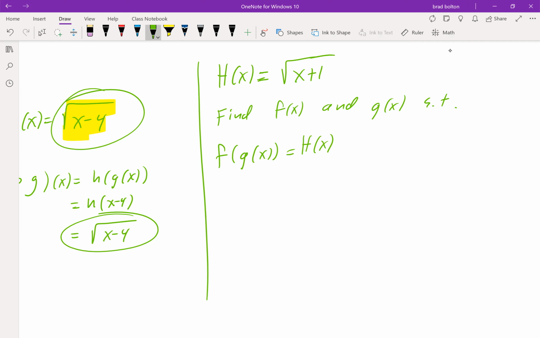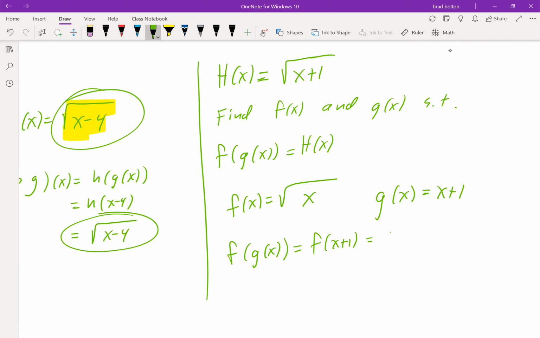So what could f of x and g of x be? Well, f of x is the outer function, so I'm going to say it has to be the square root of x, and g of x is the inner function, so it has to be x plus 1. So what if I do f of g of x with these made up ones? I'm just making this up. I would get f of x plus 1, and that equals the square root of x plus 1, right? Because you would take x plus 1 and plug it right there.